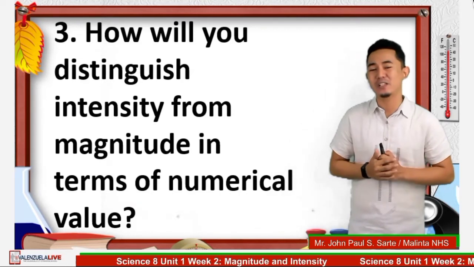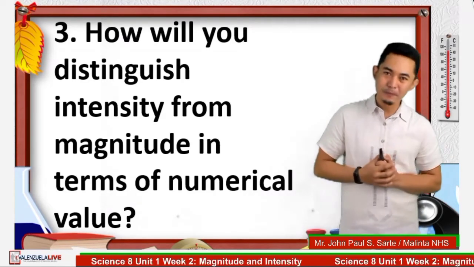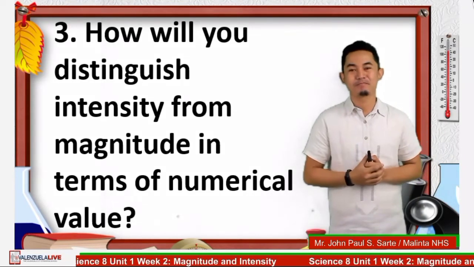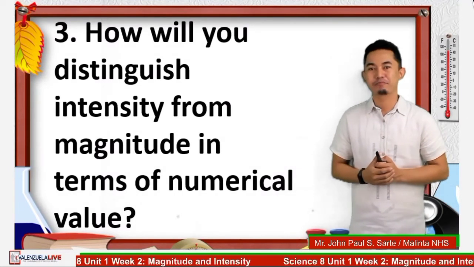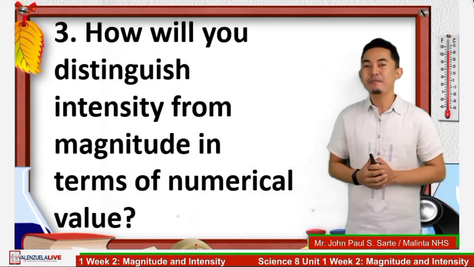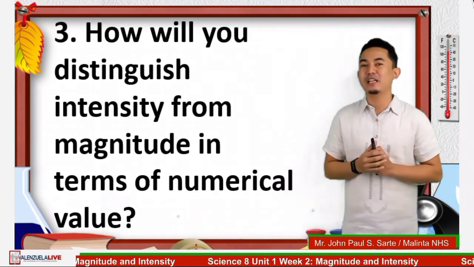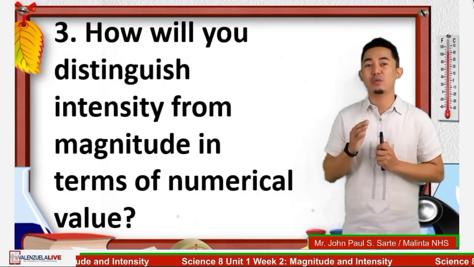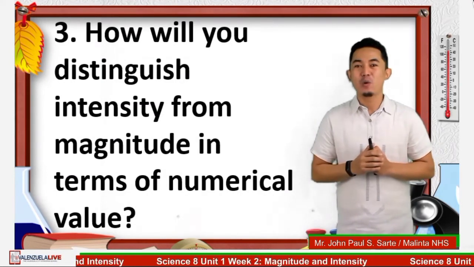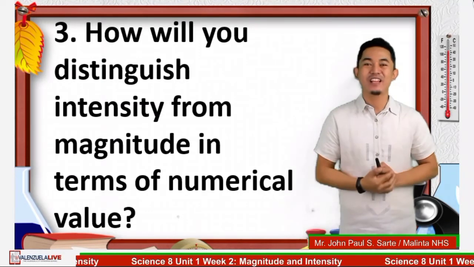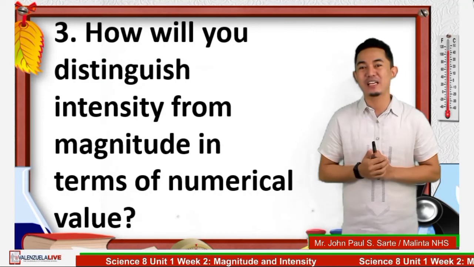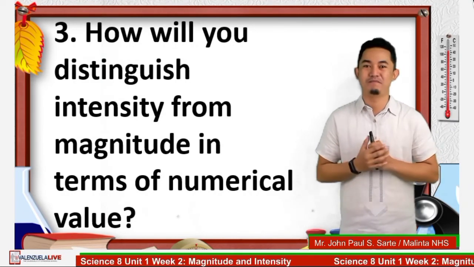Type now your answer in the comment section. Okay? So, when we say magnitude, it has the Hindu-Arabic numerical value of 1 to 10. While intensity has the Roman numeral 1 to 12.